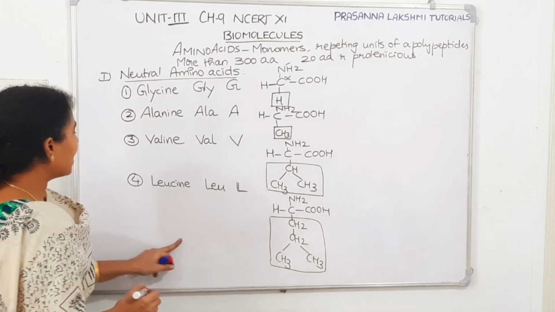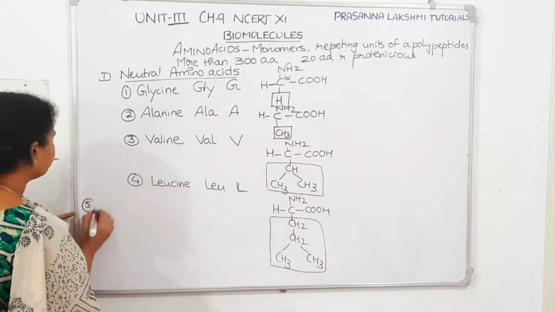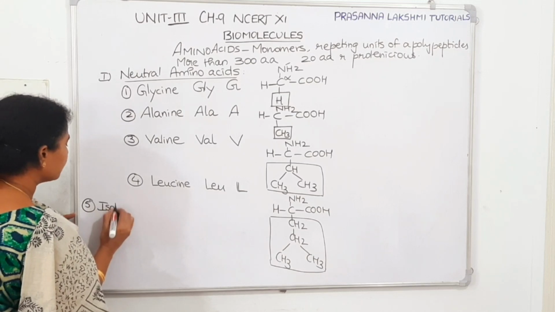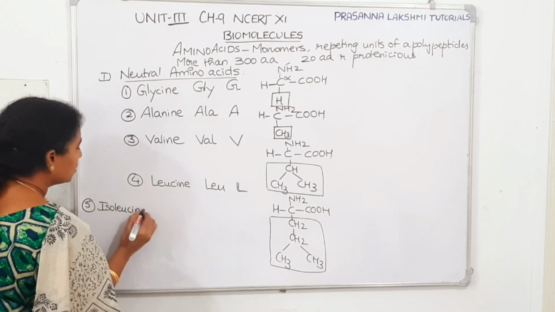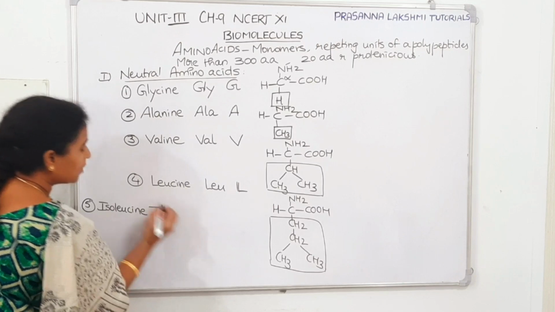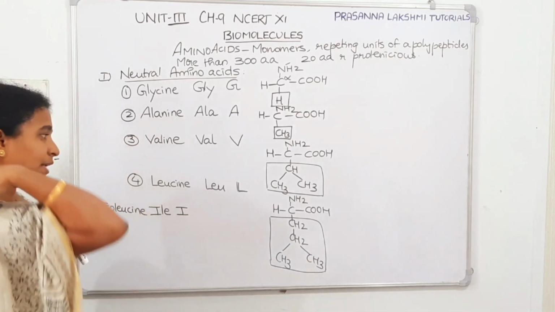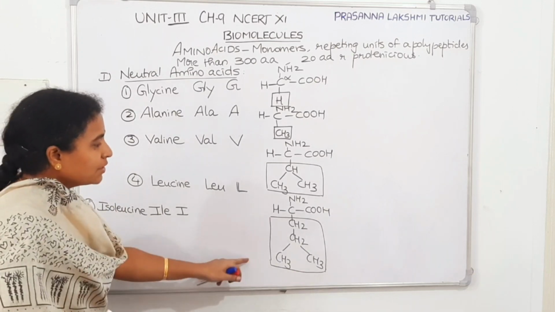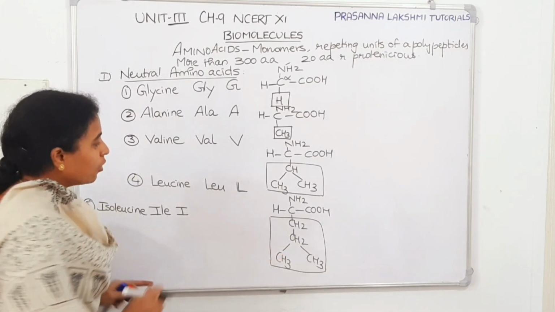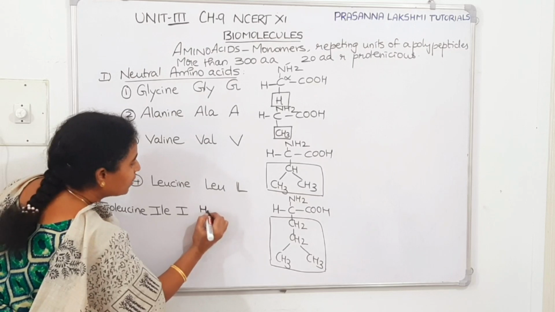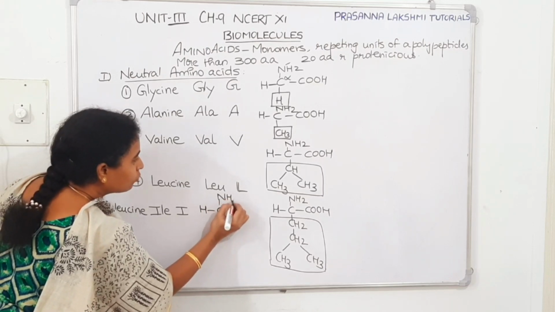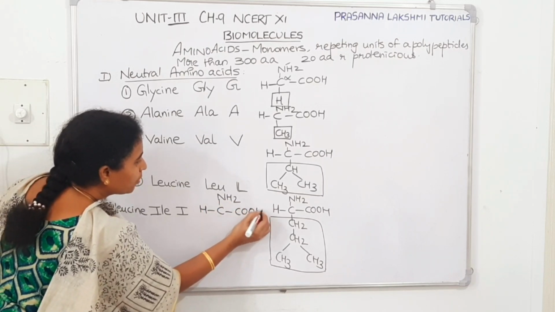Then comes the next amino acid, isoleucine, which is an isomer. ILE is the 3-letter representation. The single letter representation is I. Since it's an isomer of leucine, it has a similar structure, but a rearrangement of carbon groups. So take the hydrogen, take the functional group with the other functional group, the carboxyl group.